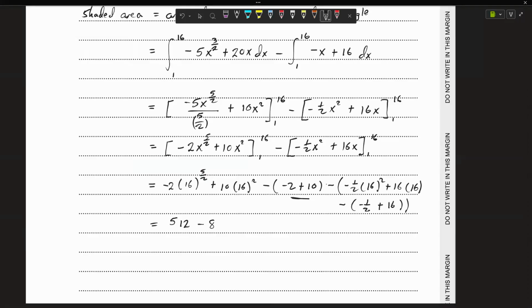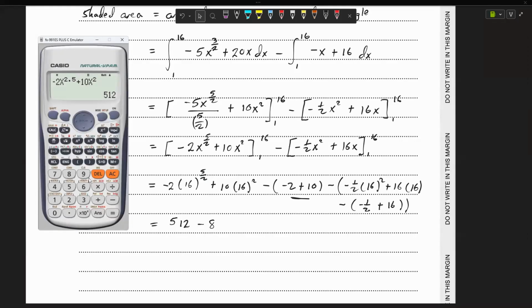Let's go to the other piece. I'm substituting 16. I still got 16. So that's minus a half, and that's alpha x squared plus 16x, and that's alpha x. I get 128.